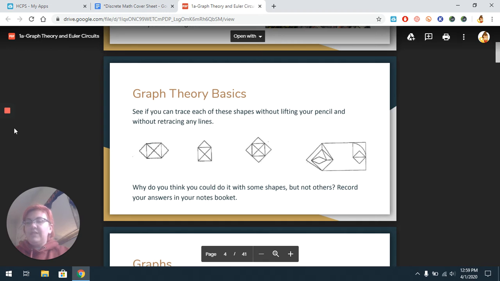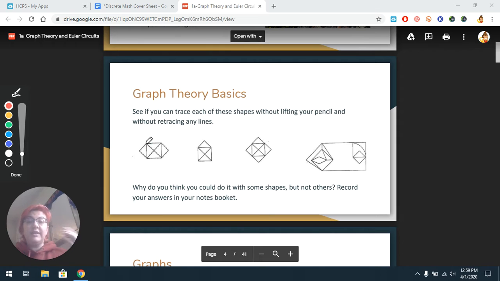So let's see. I'm going to try one of these. Grab my drawing tool here, and I'm going to look at this first one, and I'm going to start here. Oh, that's white. White is not good. Let's get red. As I draw here, I'm going to go ahead and do this whole thing, and I didn't retrace any lines, and I didn't lift my pencil.